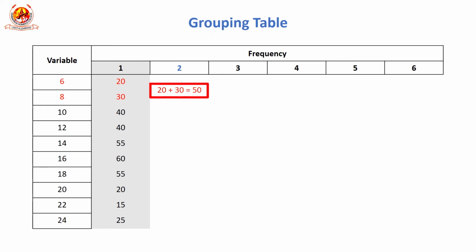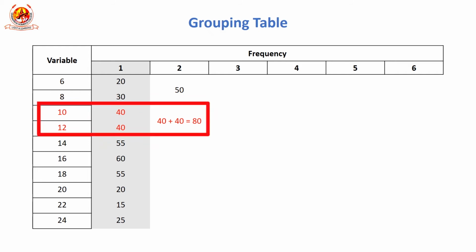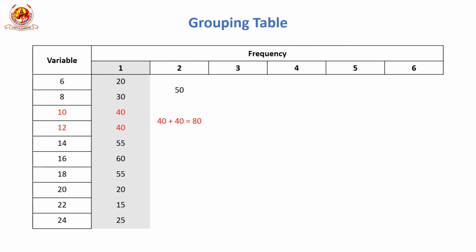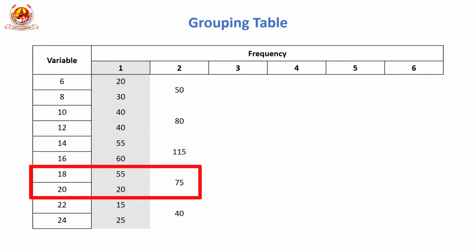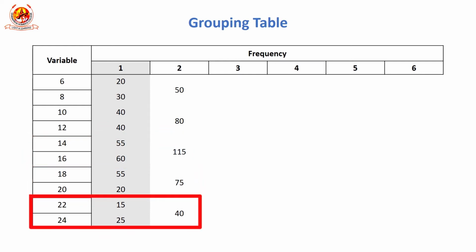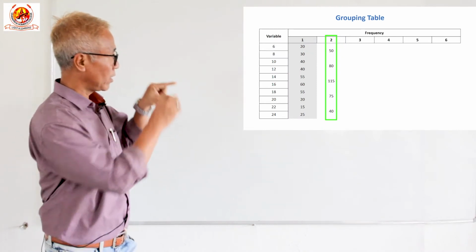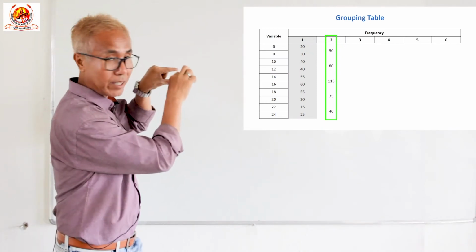Let us write 50 here. Then for 10 and 12, the frequencies 40 and 40 give 80. In this manner we add together pairs of values and fill up the second column.